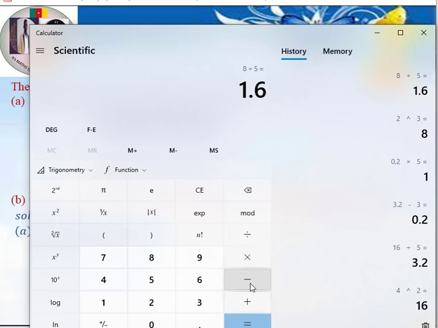So that 1.6 minus the whole number, which is 1, will give us 0.6. This 0.6, to get the real remainder, we are going to multiply the 0.6 times the mode we are working on, which is mode 5, equals to 3.